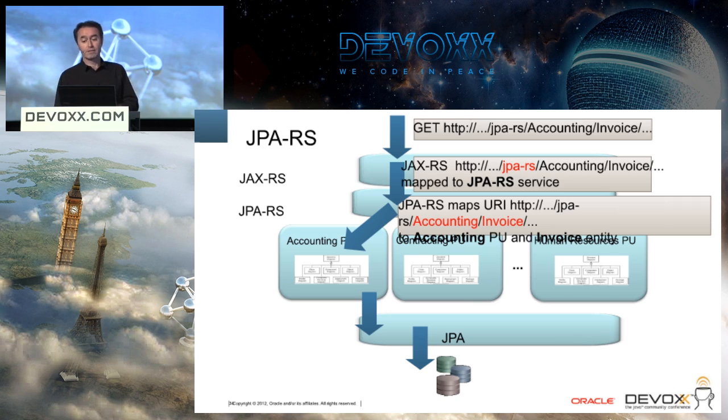So if someone were to make a call with the prefix, in this case I'm using JPA-RS, but it's arbitrary what we call this URI here. But I'm going to use a JPA-RS call. I want to identify now the persistence unit. So my path is a little bit longer. So I identify the persistence unit, which is going to be accounting, and I want to get a certain invoice in the accounting subsystem.